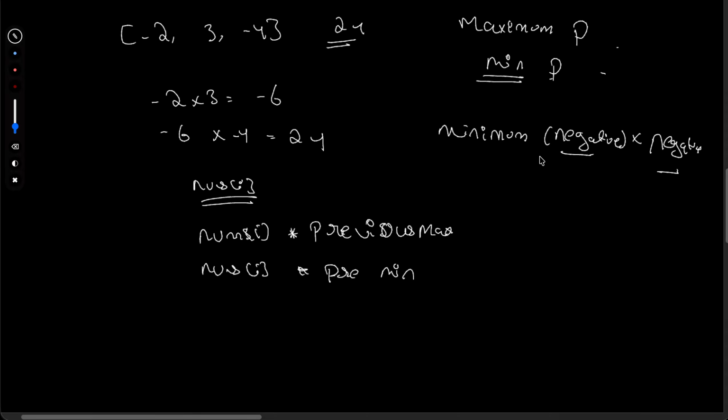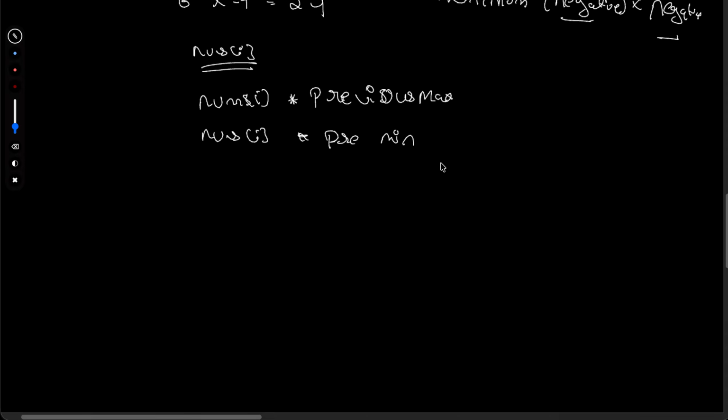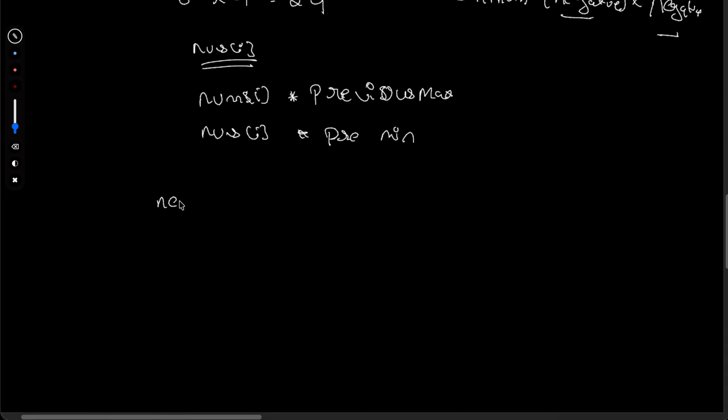Then the new max is the maximum of these three, and the new min is the minimum of these three. Then we update the answer.